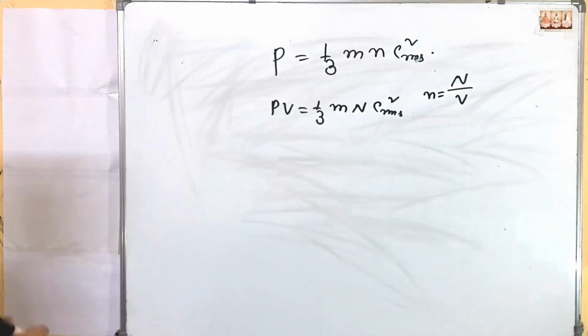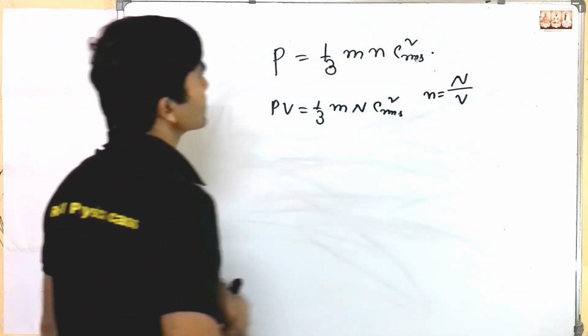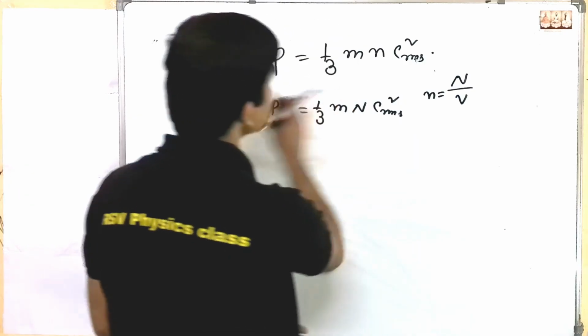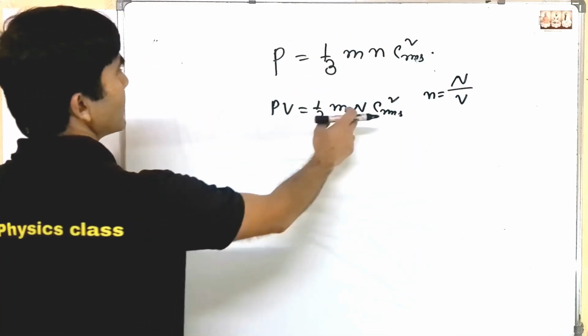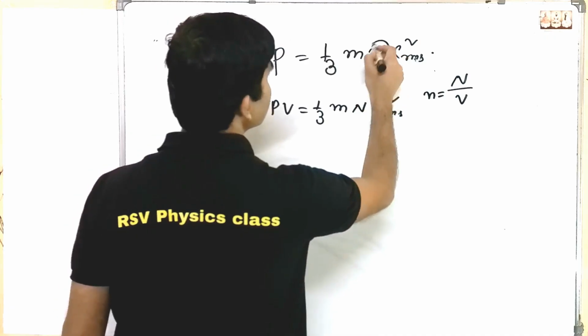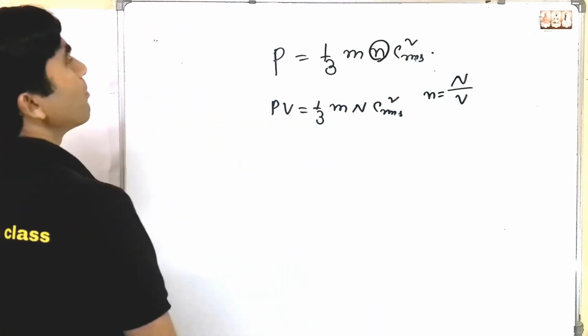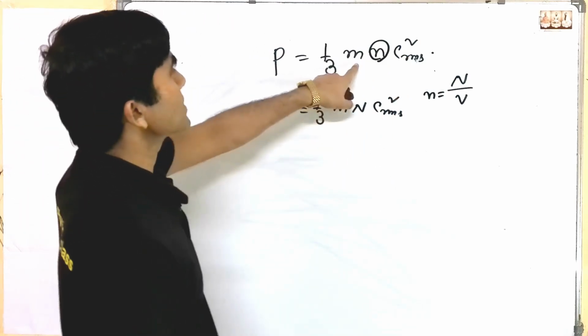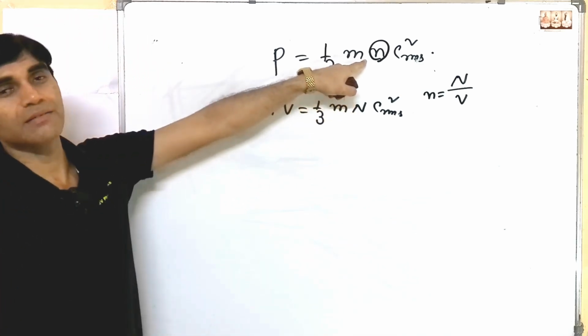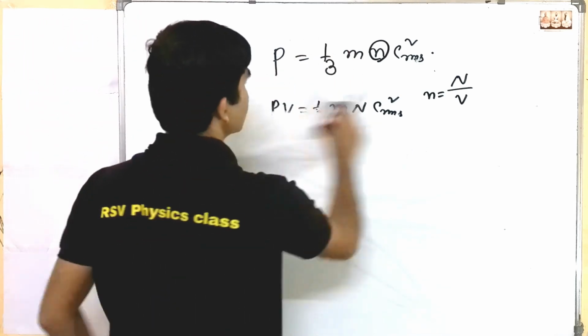This also you know. सो बेसिकली, हाँ ठीक है, इस तरीके से भी किताब में देखोगे, है ना. So this n is number of molecules per unit volume and this m is the mass of single molecule. Okay, so let's start here.